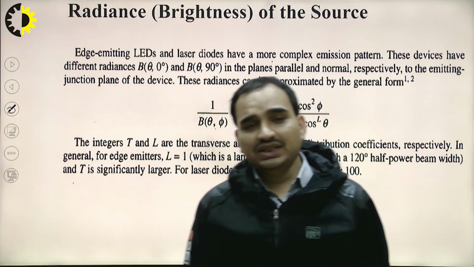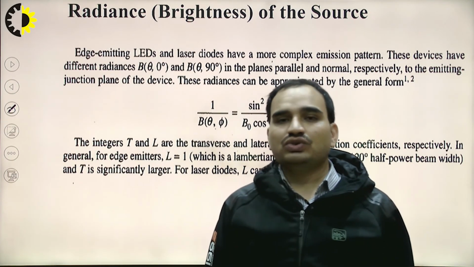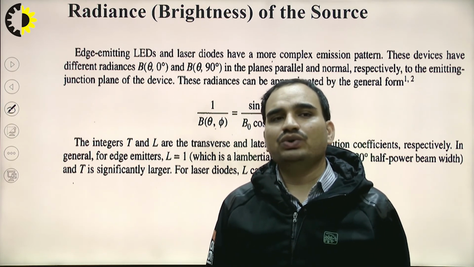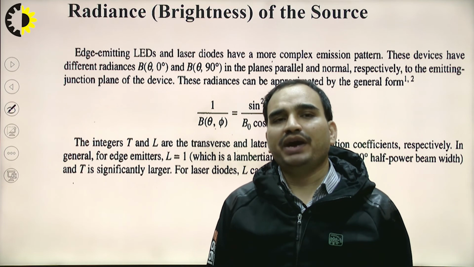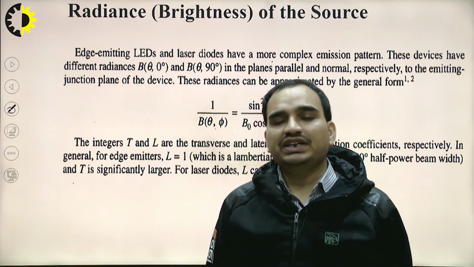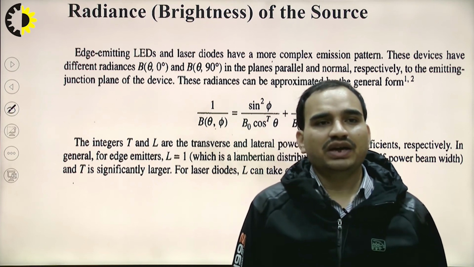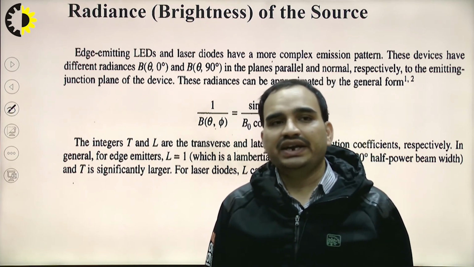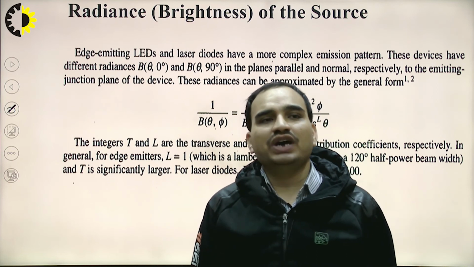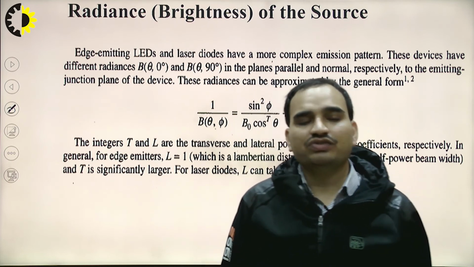The brightness of the source is also known as the radiance. The edge emitting LED and the laser diode have more complex emission patterns, and these devices have different radiances, B of theta and phi and B of theta and 90, in the planes parallel and normal respectively to the emitting junction plane of the device.